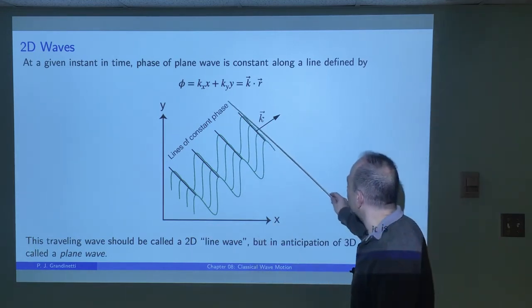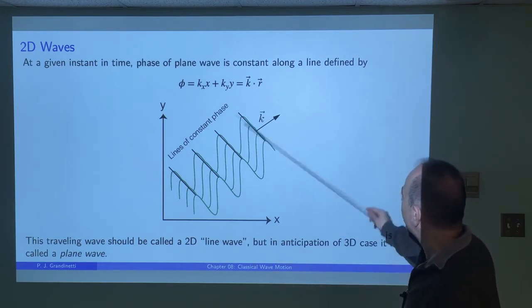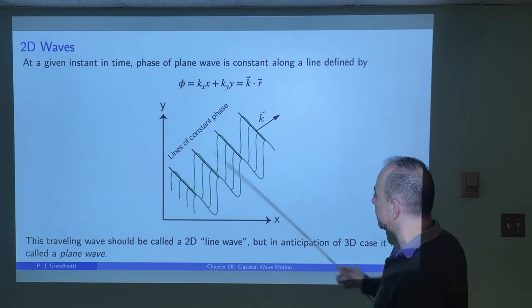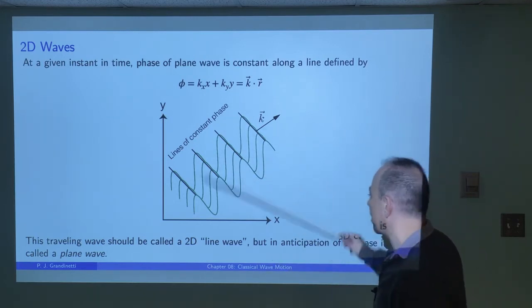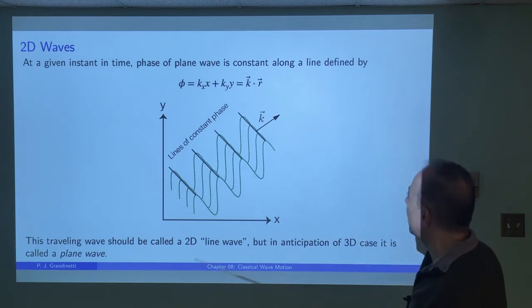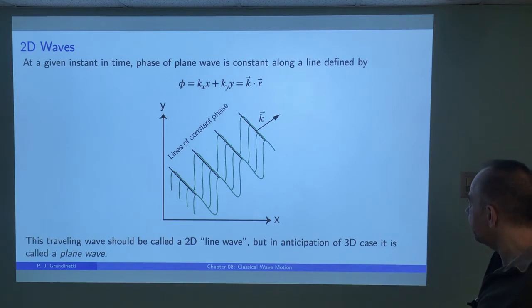So you might want to call this a line wave in this two-dimensional case, but in 3D it becomes a plane that's moving, and so we're just generally going to call this k as defining the direction in which the plane wave is moving in this example here. Okay.